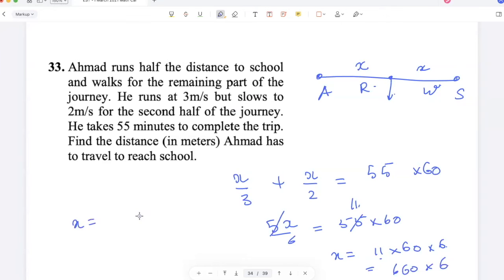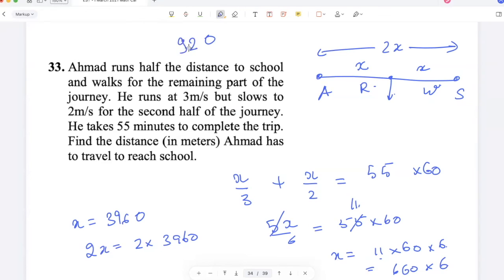So x is 3960. So this is 3960, but the total distance that Ahmed goes to school is 2x. So that would be 2 into 3960, which is 7920. So the total distance between Ahmed and the school is 7920 meters.